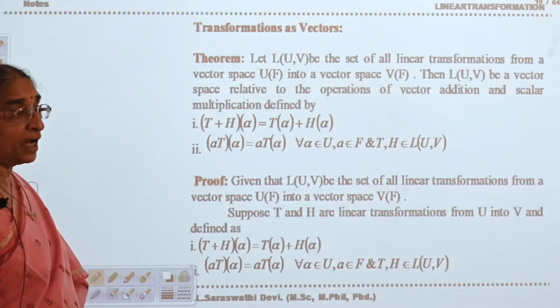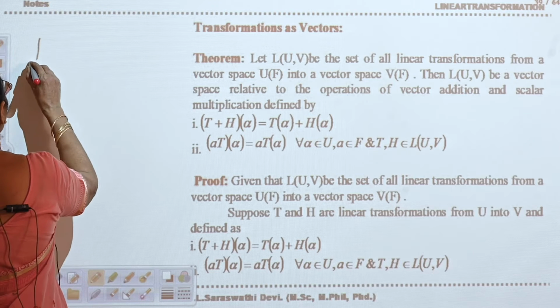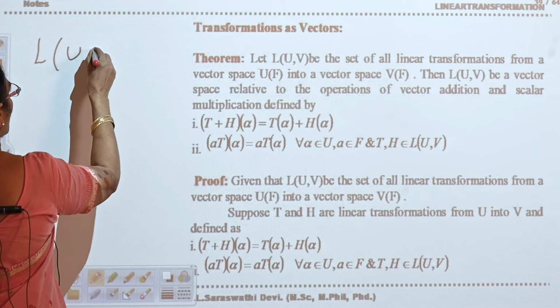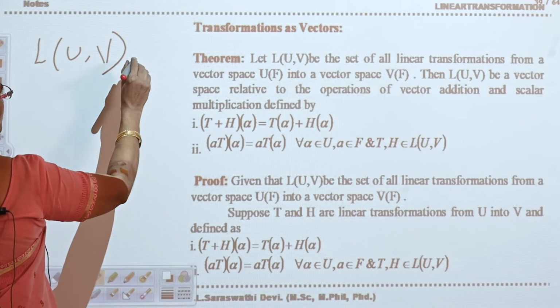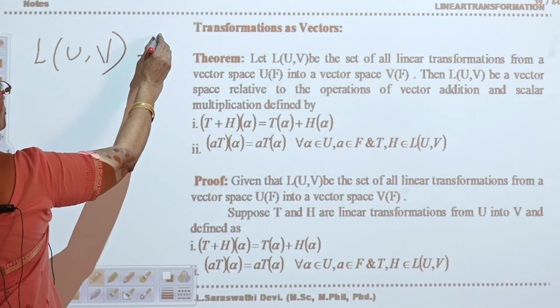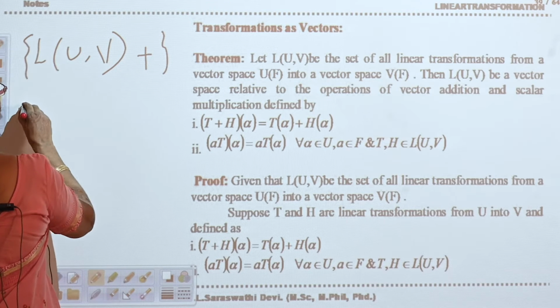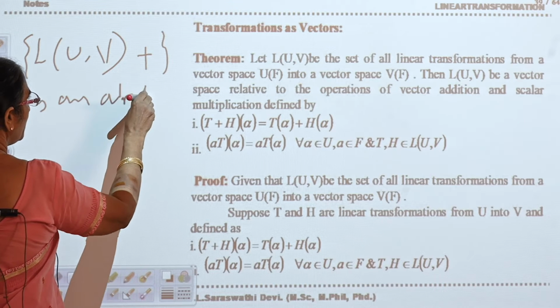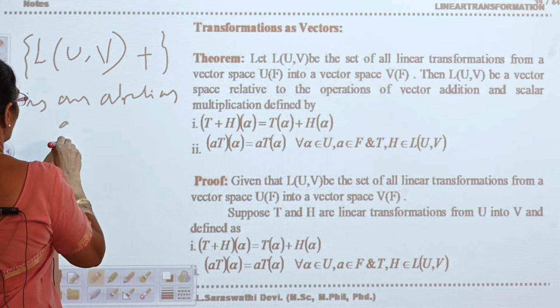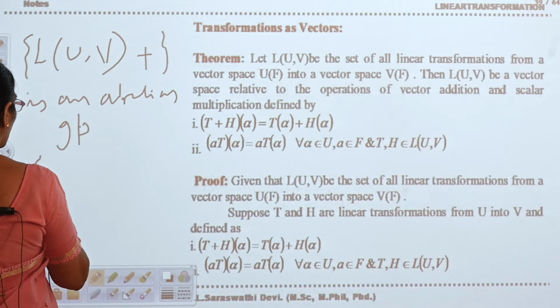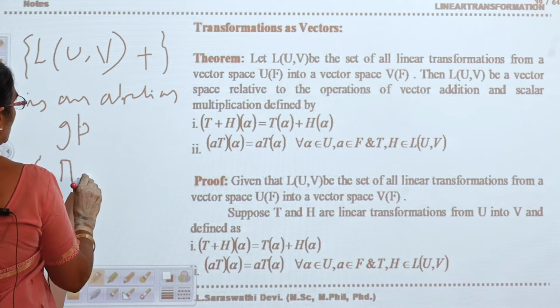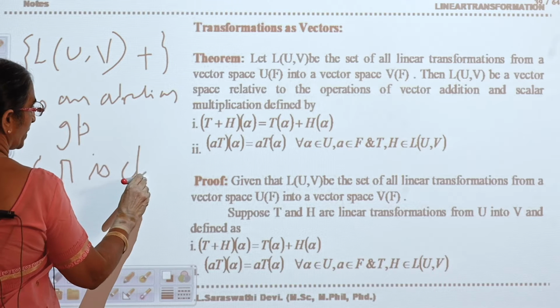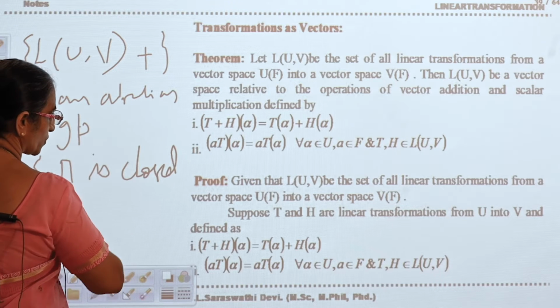Now, in order to say that the set L of UV is a vector space, what you have to prove? First, L of UV with plus is an abelian group. This you have to prove. Next, with respect to scalar multiplication, it is closed.